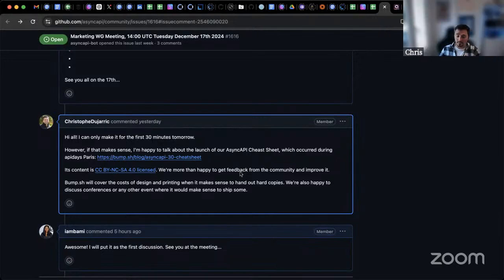Yeah, completely. Again, for us, it was important that we built this cheat sheet because we had the OpenAPI version and we want to have consistent training material for all of our users. We hope that it's anyhow valuable for the entire community.